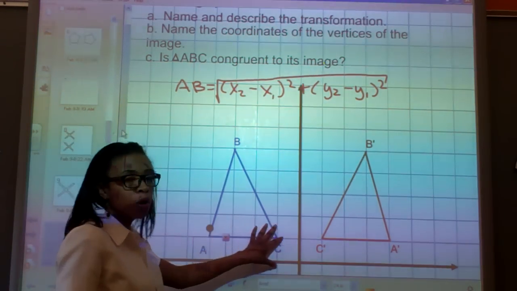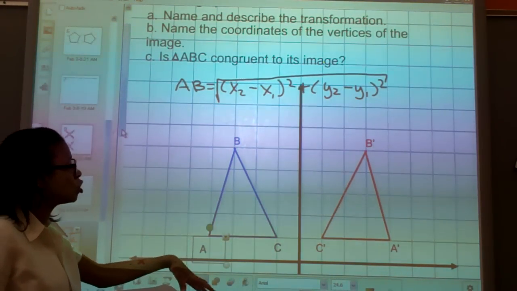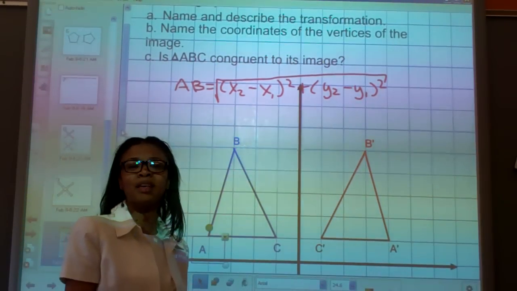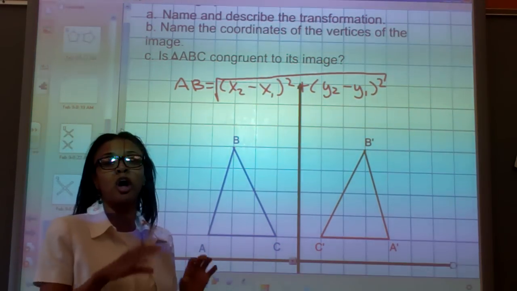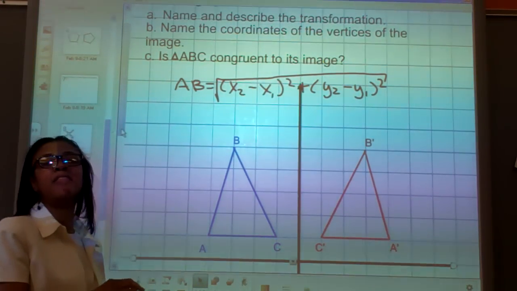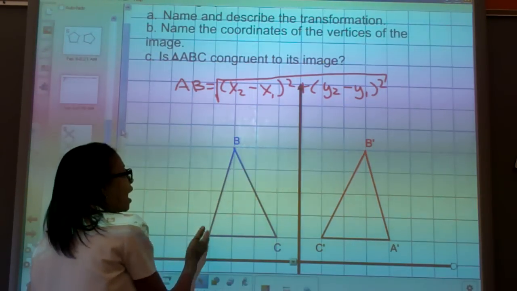Now, if I'm on a coordinate graph, I want to know if these two are actually the same exact length. Remember, if the image and pre-image are exactly the same size and shape, that means they have isometry. And to determine that, the side lengths and angles should be the same.